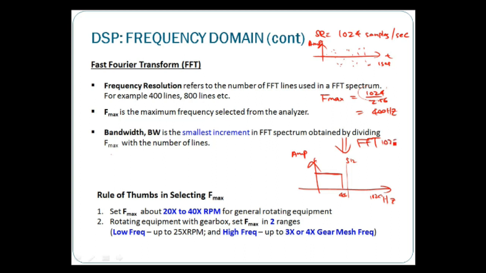In this case, I'm using every 1024 samples. I collect 1024 samples, then I convert to frequency domain through FFTs, right? Meaning here I have from 0 to 1024 hertz in frequency domain.